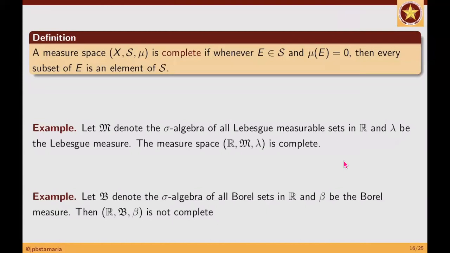Ang Borel measure, siya lang yung Lebesgue outer measure kapag ginagamit mo sa mga Borel sets. Ang Lebesgue measure, siya lang yung Lebesgue outer measure pag ginagamit mo sa mga Lebesgue measurable na sets. I do not get confused, although it's really confusing. I know. You know, this set is not complete. Why? Naalala niyo yung Cantor set?